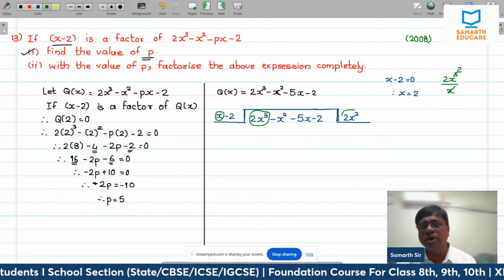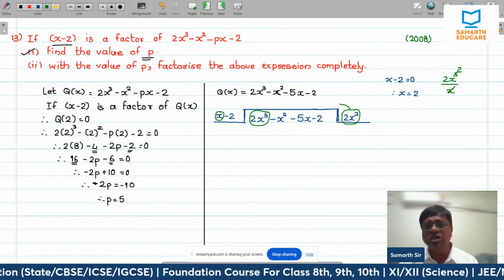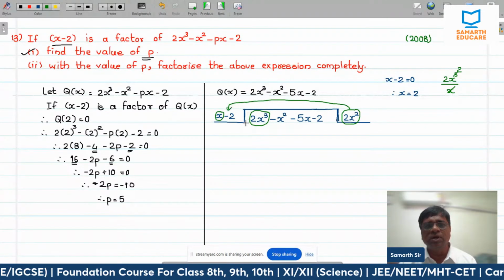So 2x² is a part of my quotient. It means I'm going to multiply the divisor by 2x².